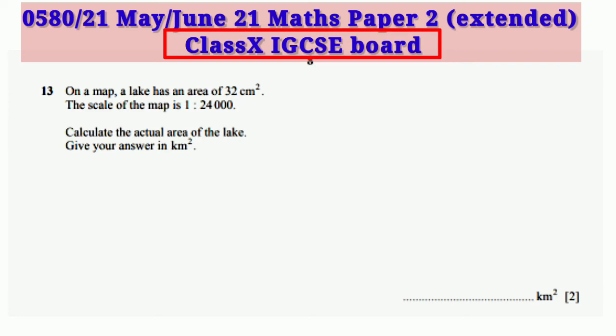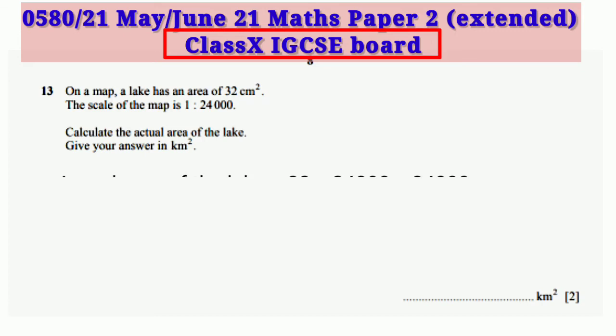So we have to multiply it by 24,000. Since it is area, we will multiply by this factor twice. Also, the area is given in 32 cm², which has to be converted to km². So we will divide it by 10^5 twice, since it is cm² to km².